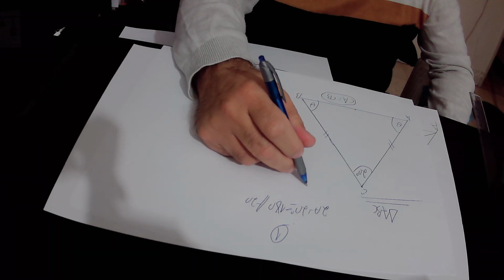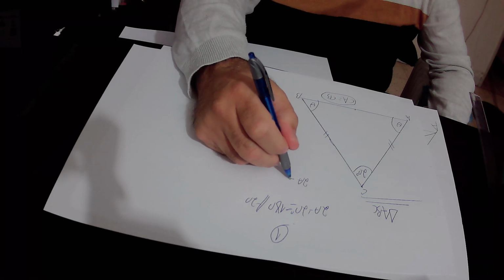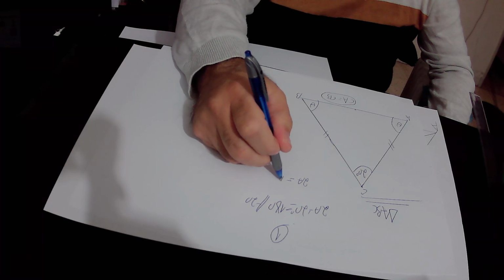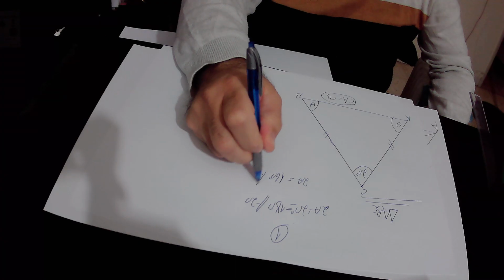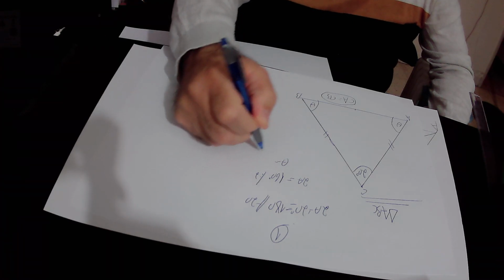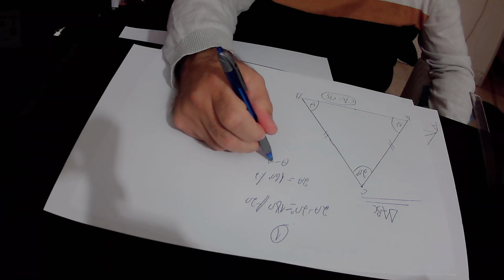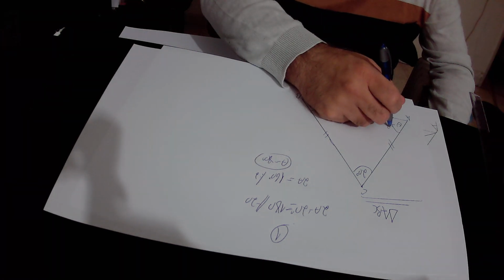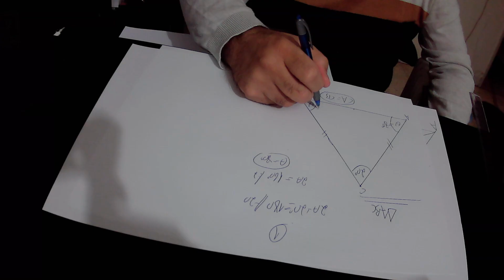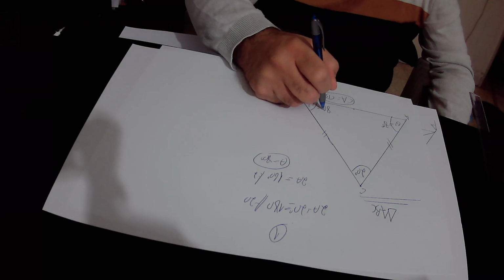And finally we get that 2 theta equals 180 minus 20, it is 160. So 2 theta equals 160 degrees. We divide this equation by 2 and finally we get that angle theta equals 160 degrees over 2, it is 80 degrees. So this angle theta equals 80 degrees in its size. This is angle theta that is also equal to 80 degrees in its size.